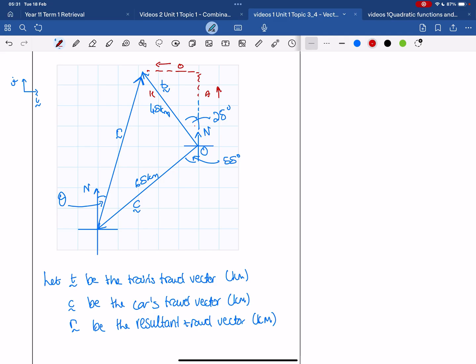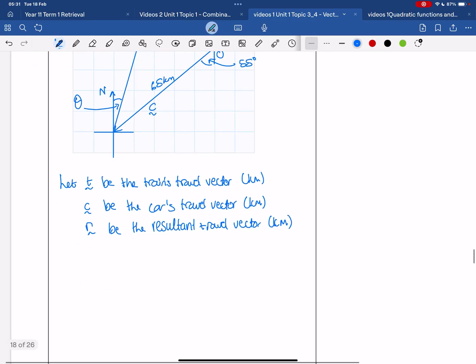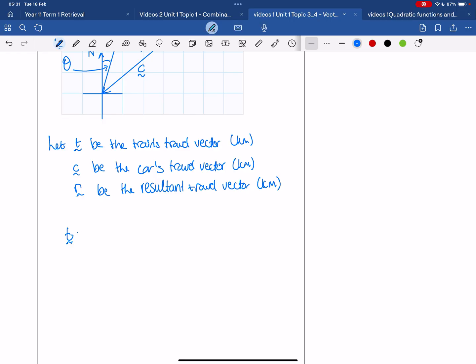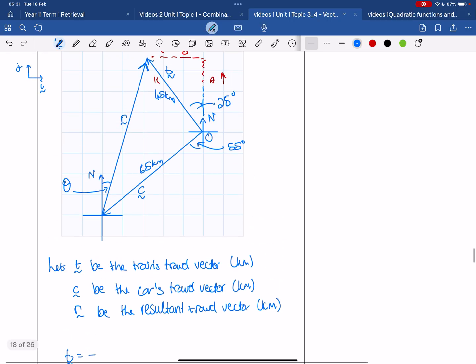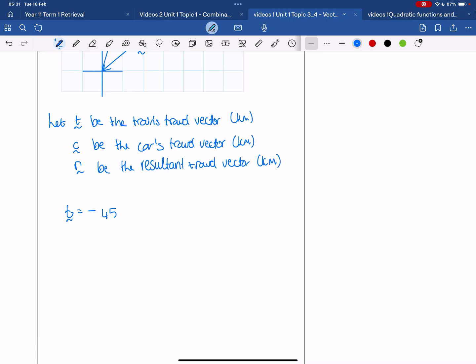And so I'm going to have a negative sine ratio for my I component and a positive cos ratio for my J component. All right, so T is going to be negative 45 sine of 25 degrees I plus 45 cos of 25 degrees J.